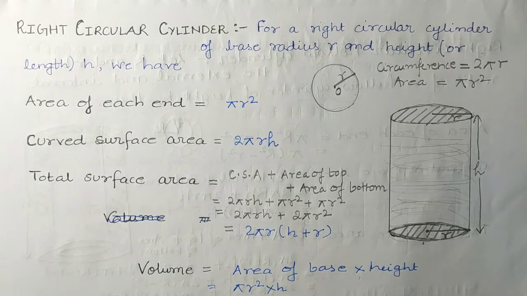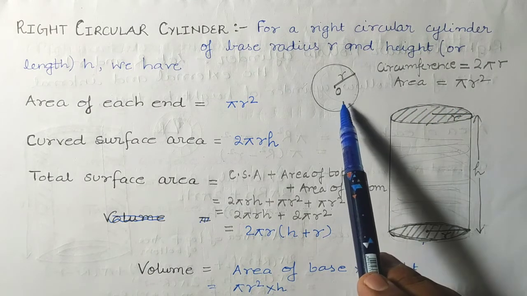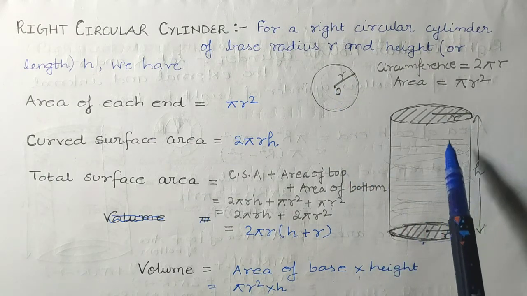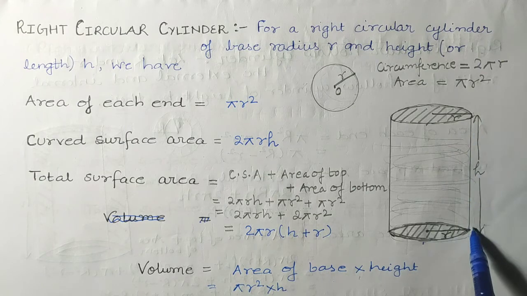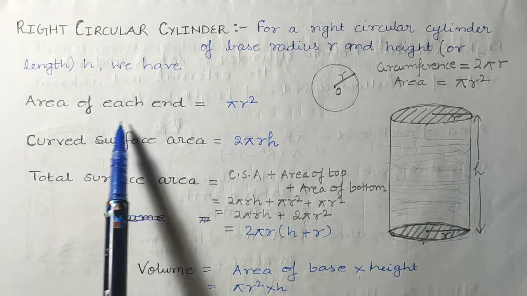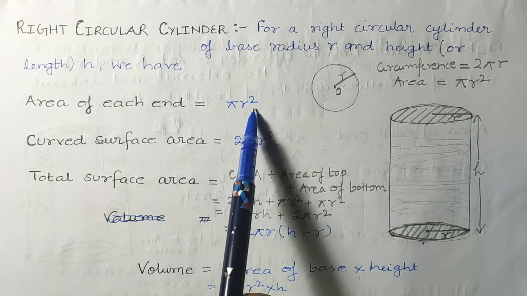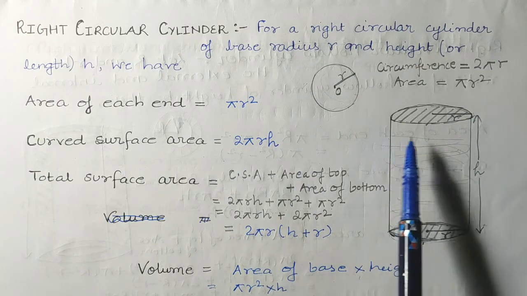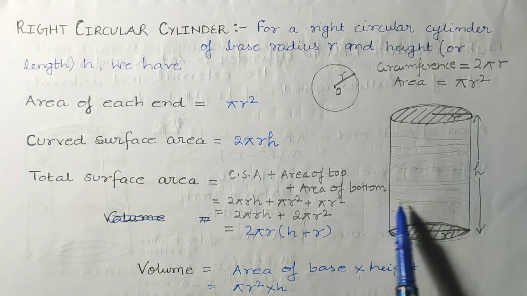After that we have studied right circular cylinder. The shape like this is a right circular cylinder whose base and top are in the shape of a circle, whose radius is r, and the height is h. For this solid, the area of each end is circular, so it is pi r square. Curved surface area means the surface area of this circular part.